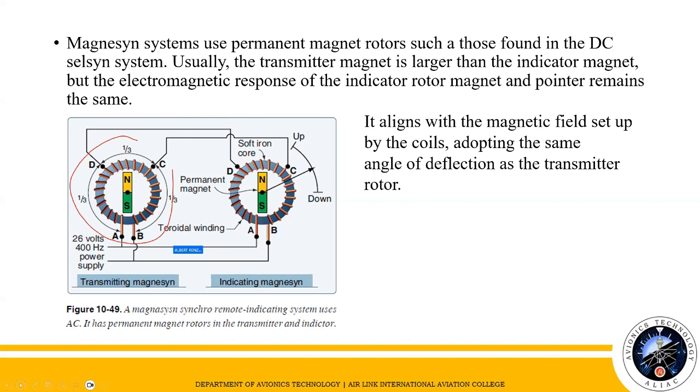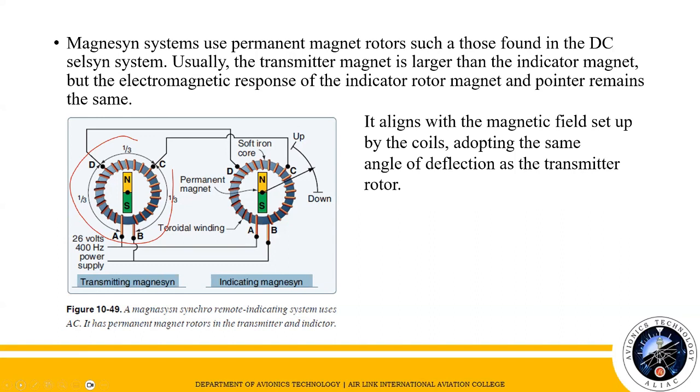Is larger than the indicator magnet, but the electromagnetic response of the indicator rotor, magnet, and pointer remains the same. So, ang nangyayari naman dyan, it aligns with magnetic field set up by the coils and adopting the same angle of deflection as the transmitter rotor. Okay? So, madali lang siya intindihin din.